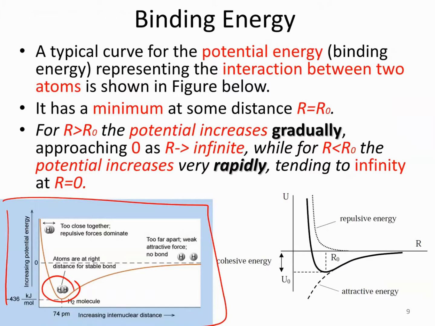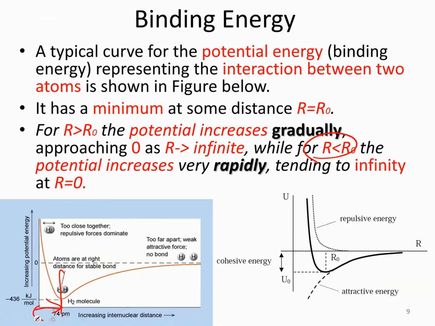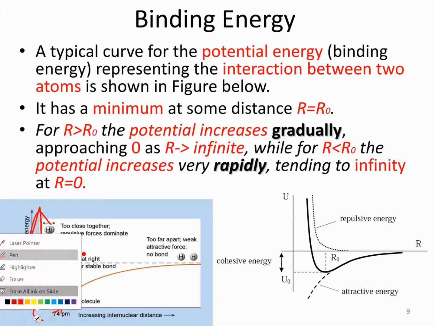For r larger than r naught, the potential increases gradually, approaching zero, as r goes to infinity. Whereas for r smaller than r naught, the potential increases very rapidly, and then tends to infinity at r equal to zero.